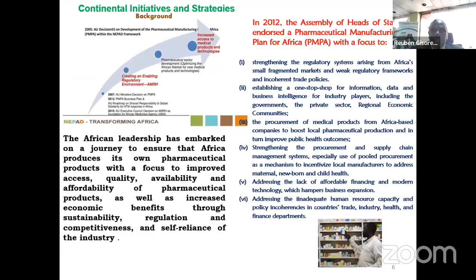One of them was headed by Professor Jamura Mikeka, that's ARSO TC 78, which deals with medical devices and equipment.